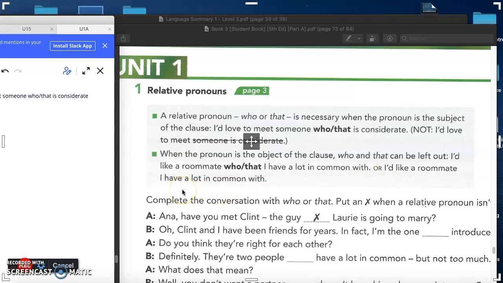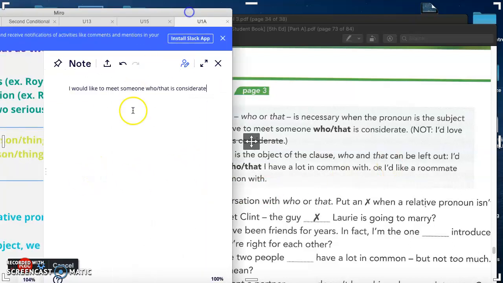It's not necessary for them to be there. So I'd like a roommate. That's all I need to know. That's all my information. I would like to have a roommate. My sentence ends there. I can end it there with no problem, and it's still going to make sense. But then if I want to add something, I can say who or that I have a lot in common with.